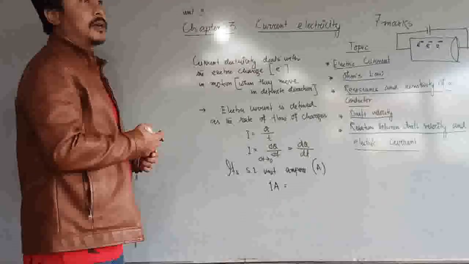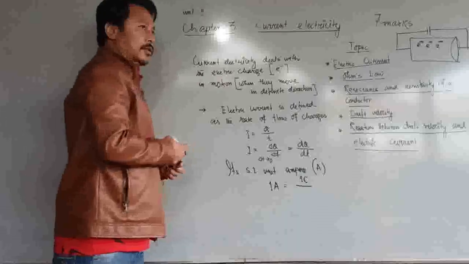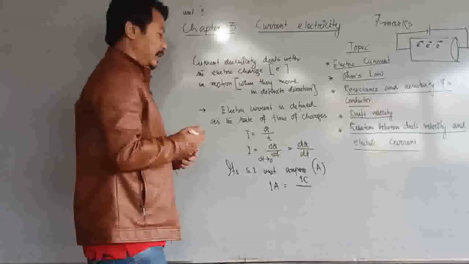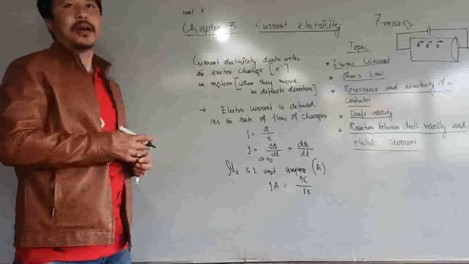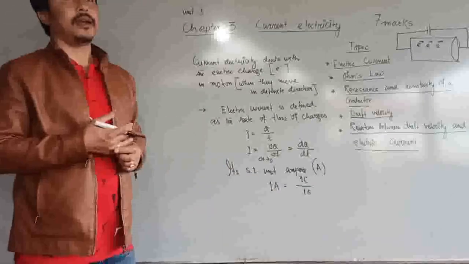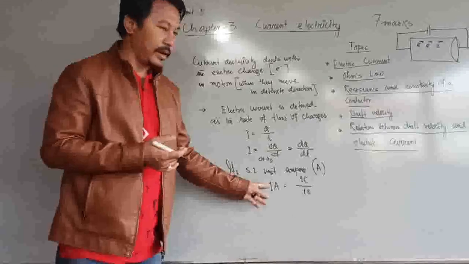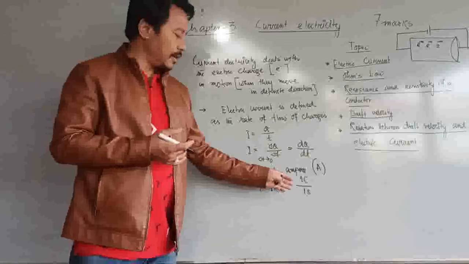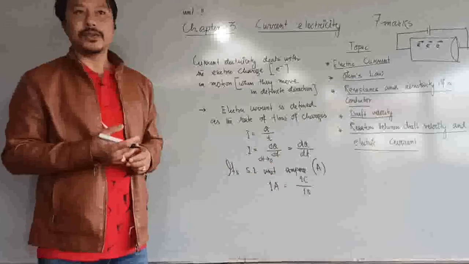So 1 ampere is defined as follows: when 1 coulomb of charge passes through any cross section area of a conductor in 1 second, then that constitutes 1 ampere.